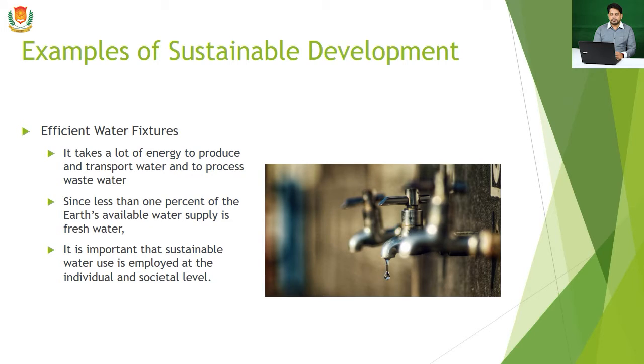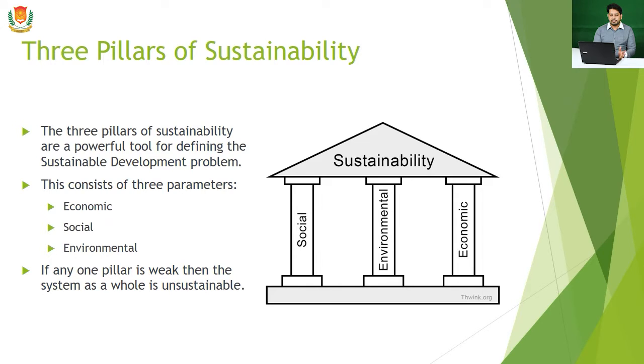Now, let us move further in the sustainable development scenario. Next comes the 3 pillars of sustainability. Sustainability is involved in sustainable development. You can consider sustainability as sustainable development. So what could be the 3 pillars of sustainability?